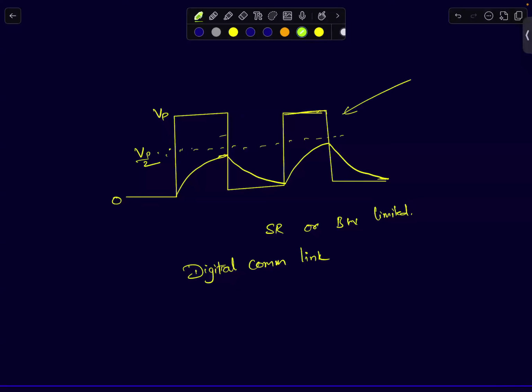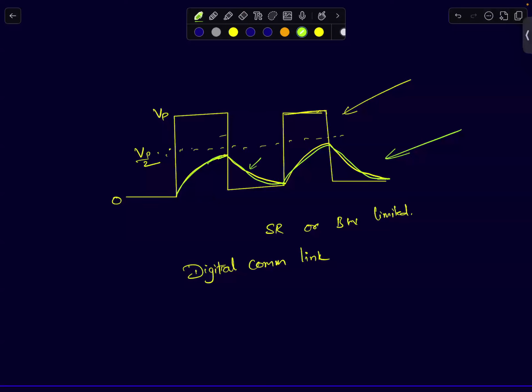Let me say it looks like this. So now here you can say that it's bandwidth limited. Okay. So when you feed a pulse signal, you should see a first order rise and a first order fall. So this is a first order exponential rise and an exponential fall. When you see that, you know clearly it's a bandwidth limited system.